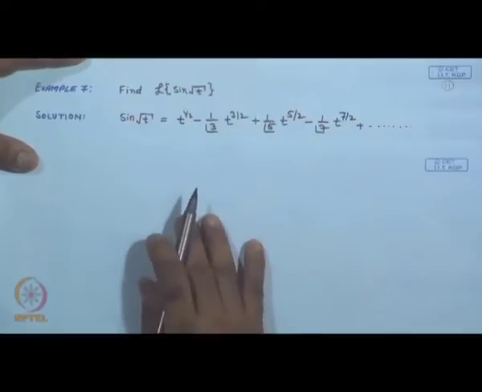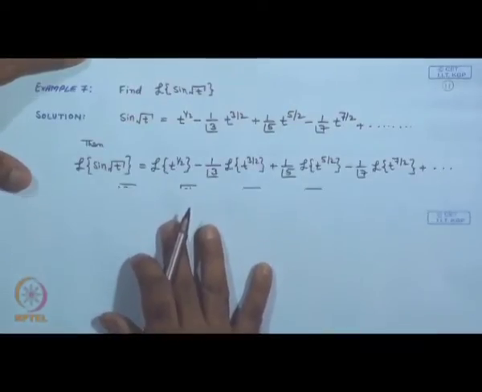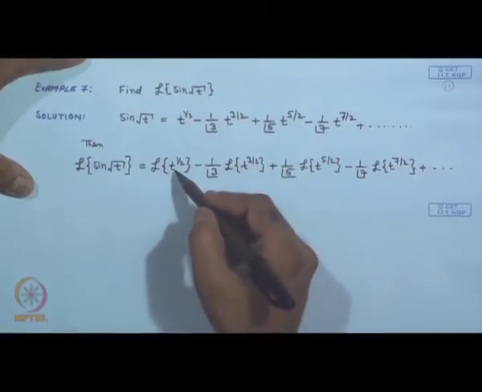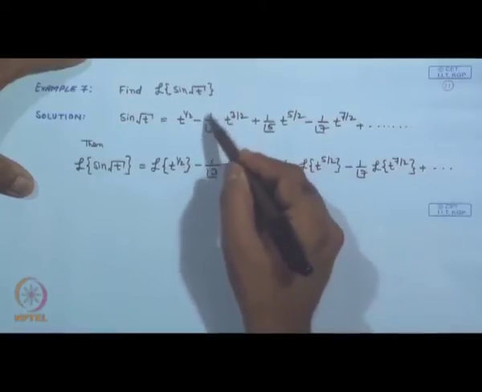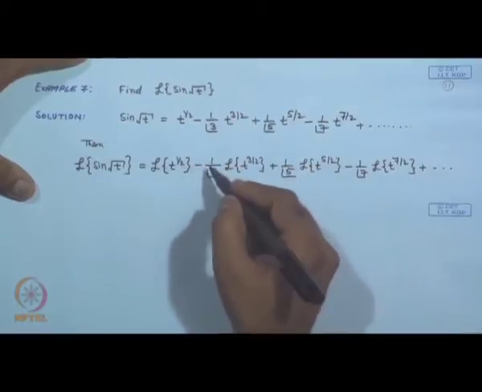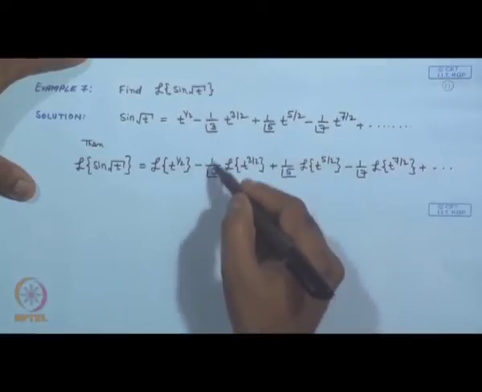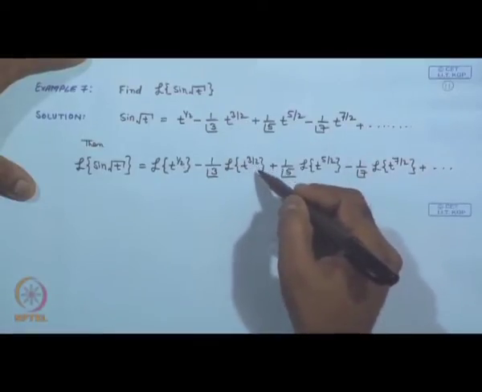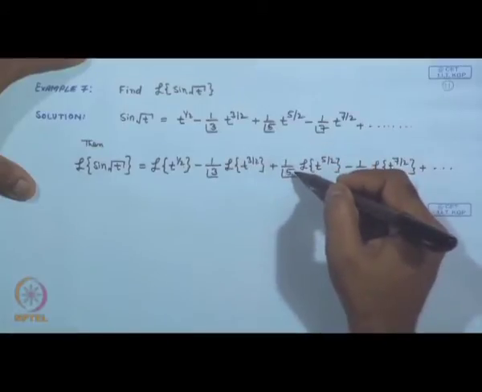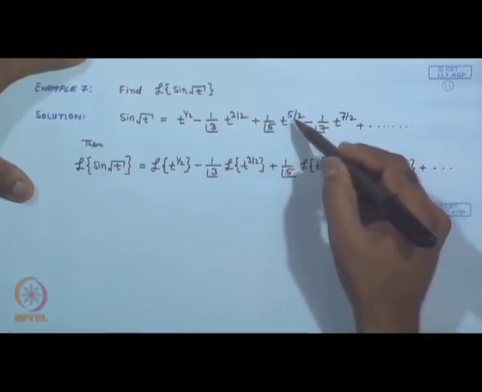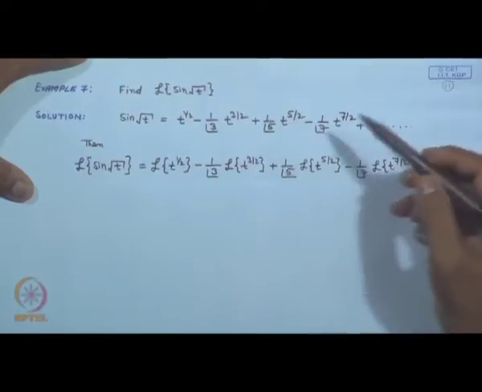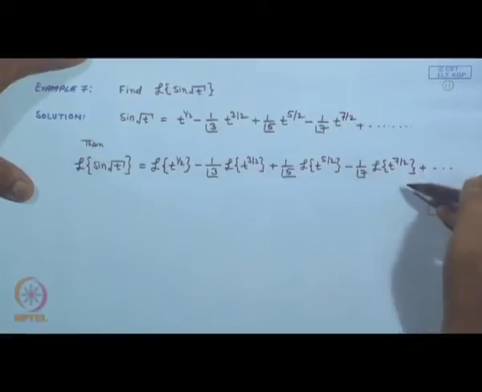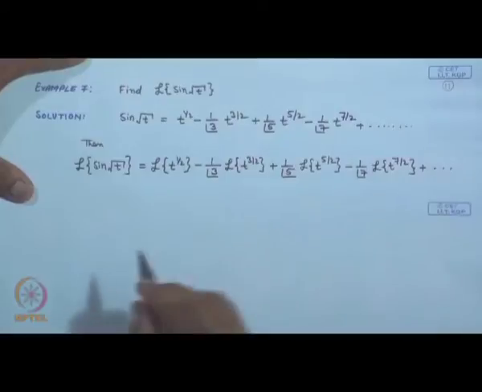Obviously, this series is convergent and the value is sin of square root t. So, we do not have to worry about the convergence of this series, but if we take the Laplace transform term by term, we have the Laplace of t^(1/2), and then again the linearity of the Laplace transform tells us that this constant you take out: 1 over factorial 3 times the Laplace of t^(3/2), plus 1 over factorial 5 times the Laplace of t^(5/2), minus 1 over factorial 7 times the Laplace of t^(7/2) and so on.